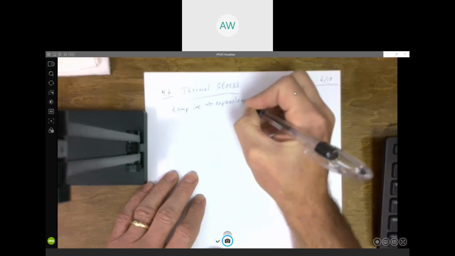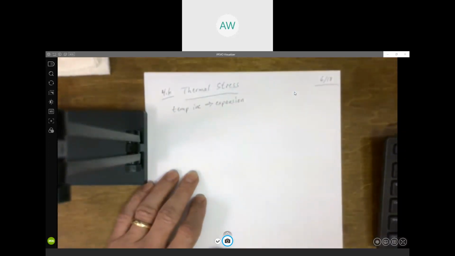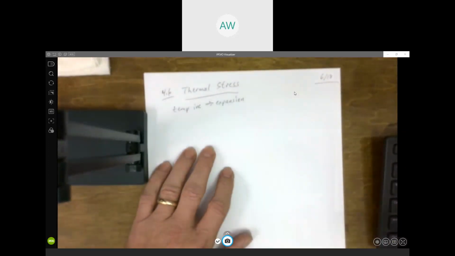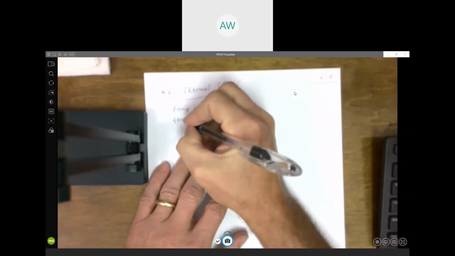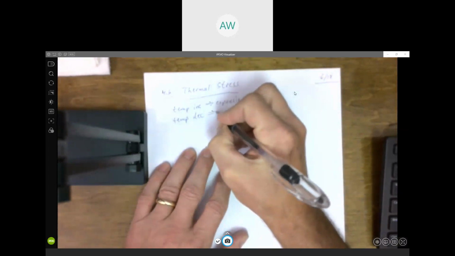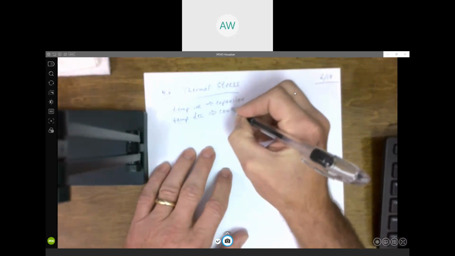The material is going to enlarge and it's going to get bigger. And if the opposite happens, if the temperature decreases, we're going to get contraction.